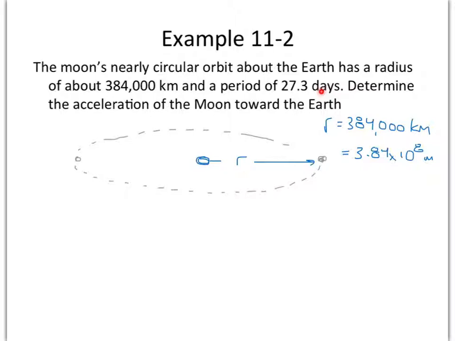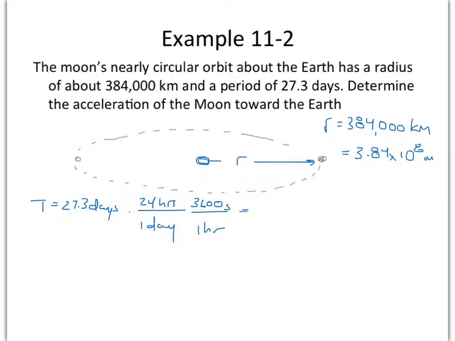So our time period equals 27.3 days, okay? Well, we can't use that unless it's converted to seconds, so we need to go ahead and change that. So 1 day is 24 hours, and 1 hour is 3,600 seconds. So we should be able to get almost a full month in seconds.